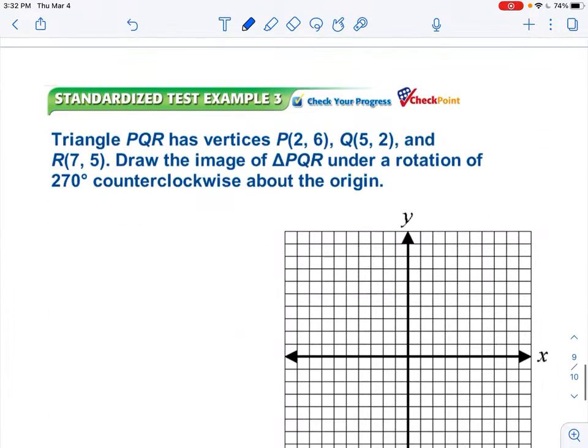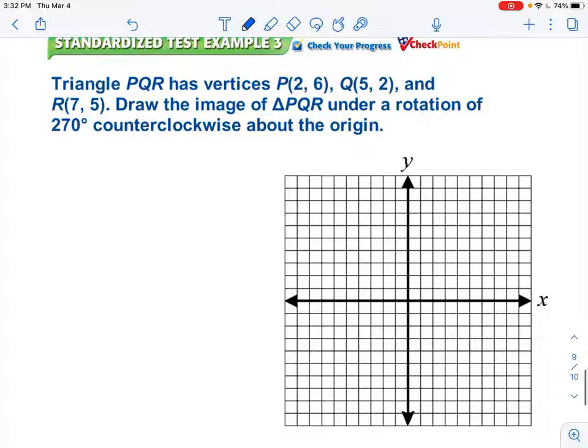We have one more. This is a 270 counterclockwise. So we have PQR. P is (2, 6). Q is (5, 2). And R is (7, 5). Draw in your lines.